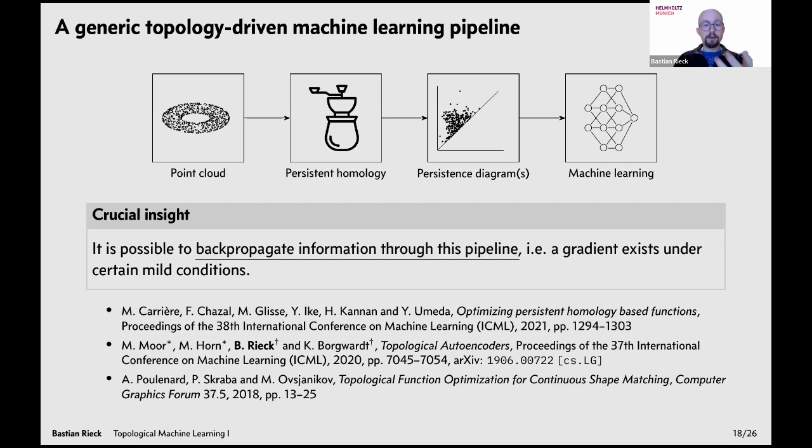And then, of course, you have our Topological Autoencoders paper, but there's also a great paper by Poulenard and colleagues on topological function optimization for continuous shape matching. All of these works have one thing in common, namely they show that backpropagation works. As I said, the most generic one of these works is the one by Mathieu Carrière and colleagues, who push this to a new level and show that a lot of the things you can do with diagrams actually result in a nice gradient.